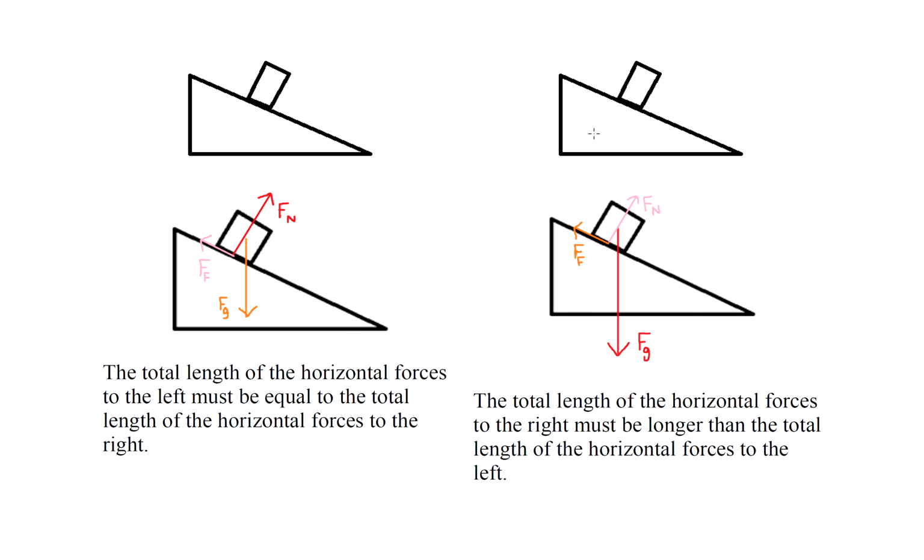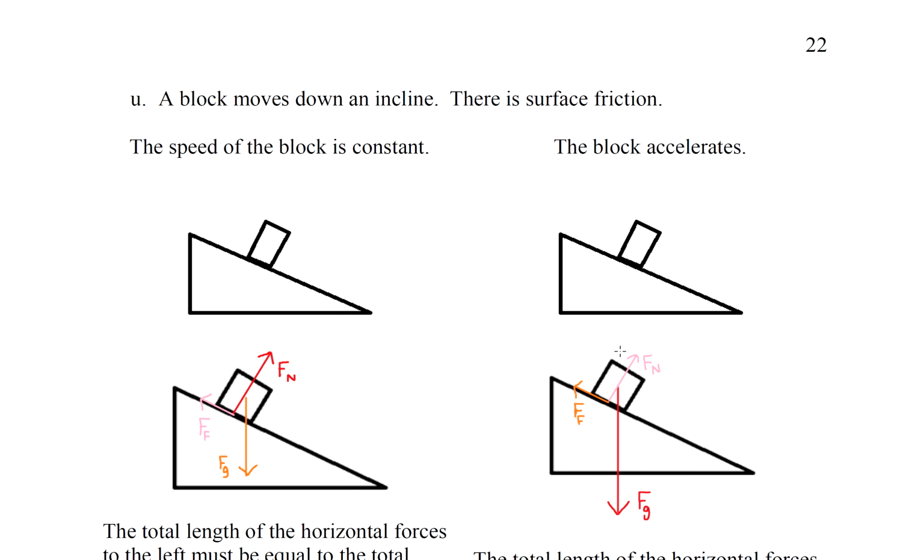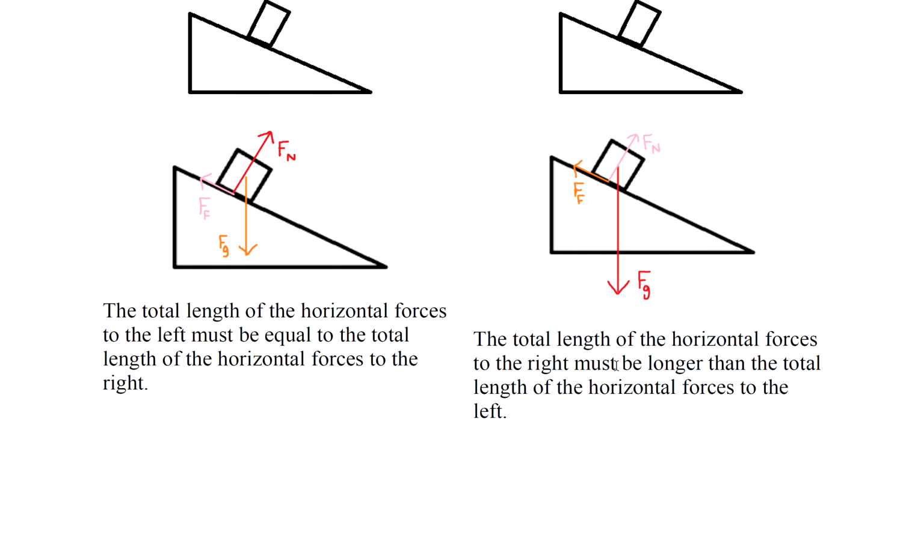So the length of the total forces to the right, this is a mistake. It should say down. The length of the total forces down must be longer than the length of the total forces up, because you could see the block is accelerating downwards. So this should say down.